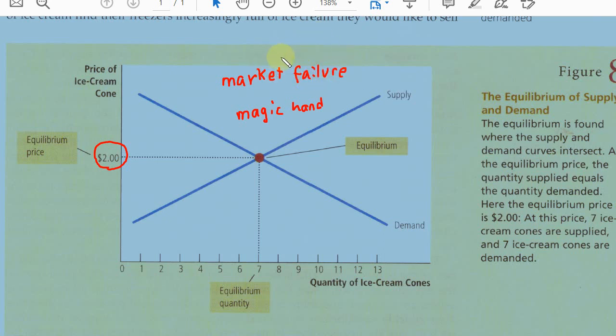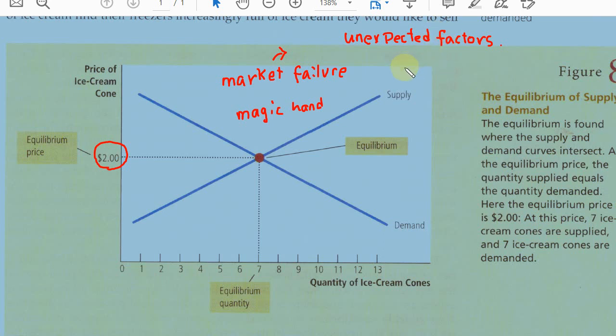So what is the meaning of market failure? As the term expresses, the market is a failure, for unexpected factors.